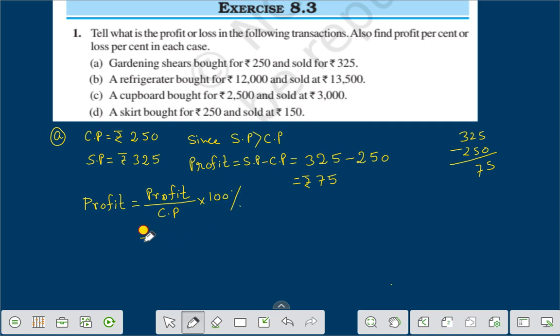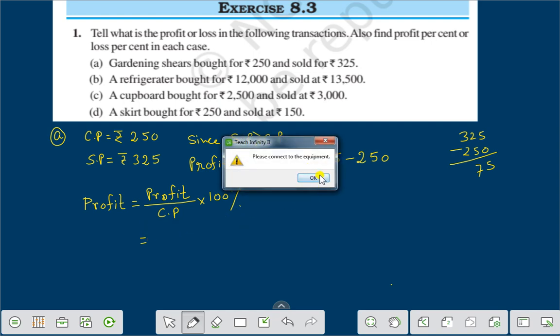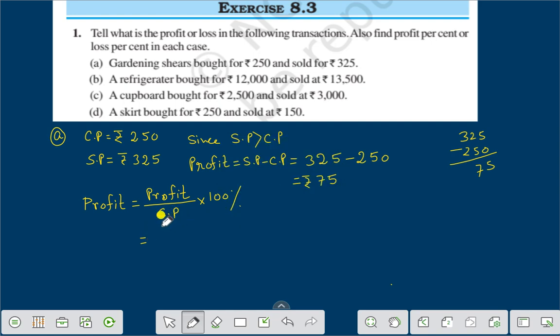What is the profit? Profit is rupees 75. But what is the cost price? Cost price is rupees 250. So 75 by 250 into 100%.